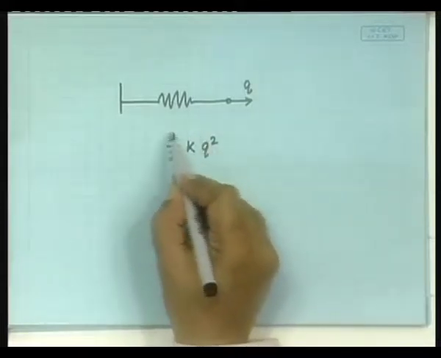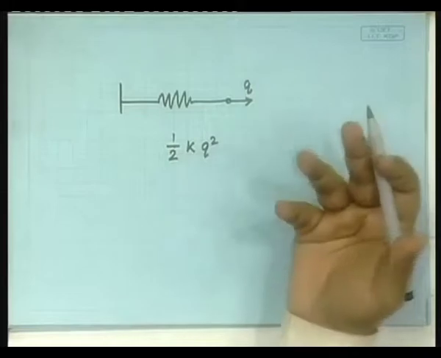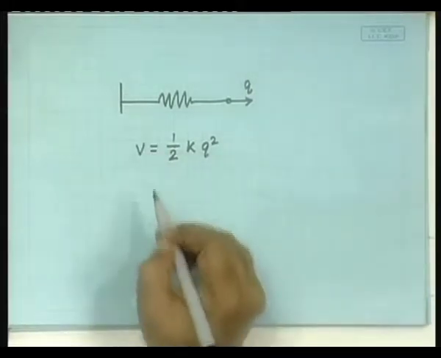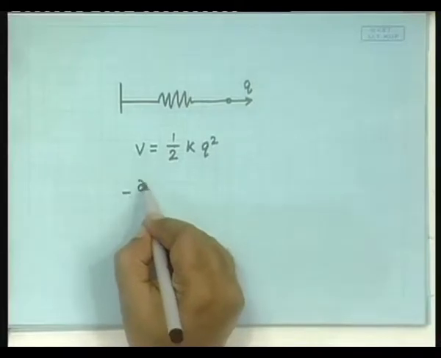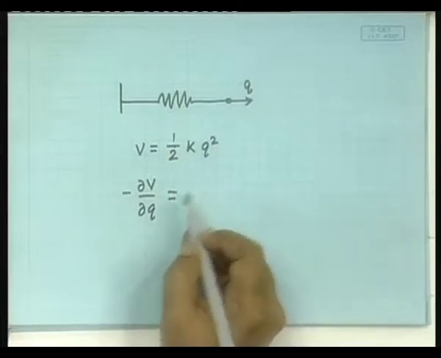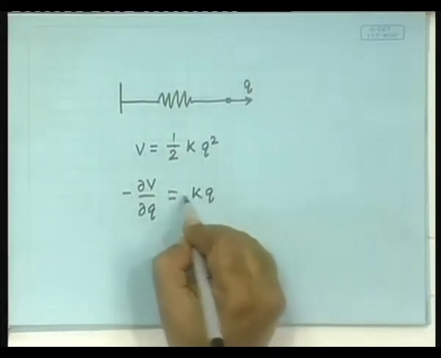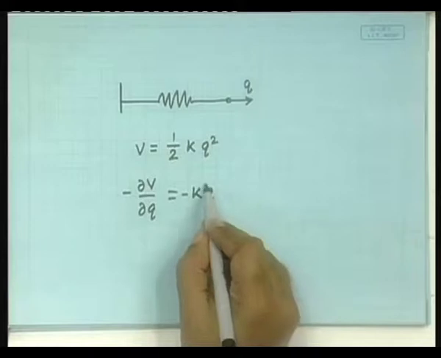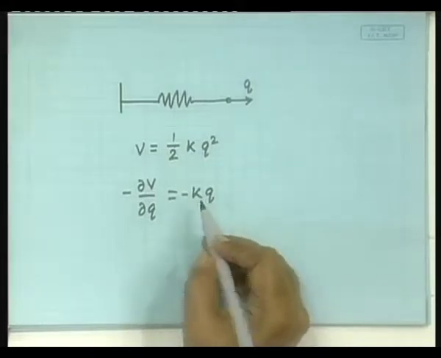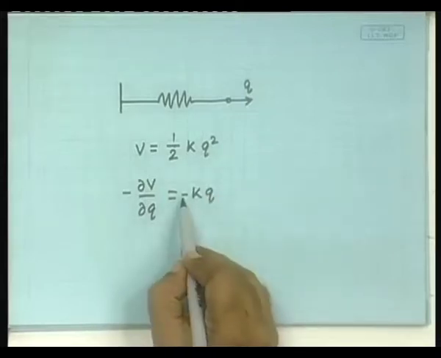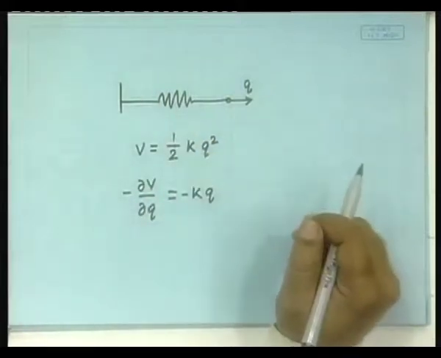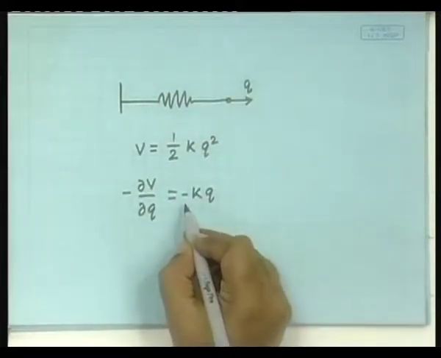Now, notice that this has the form of the potential energy. Why? Because if this is the potential, then its derivative is just k q, and k q is the amount of force that we expect, right. And why is this minus? Because you are pulling in this direction and the force is applied in the opposite direction, that is why this minus has to come.